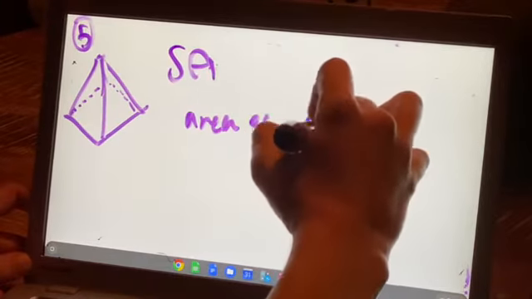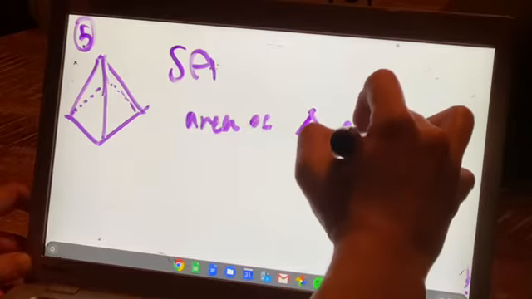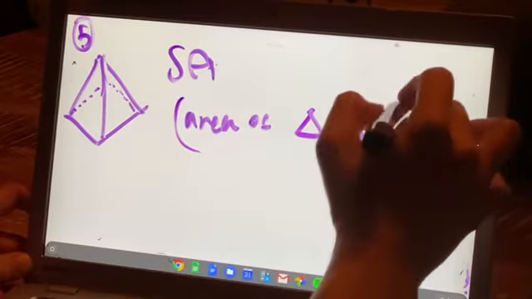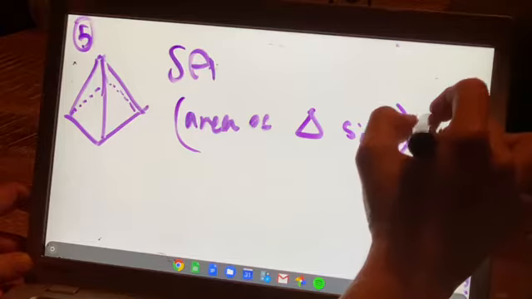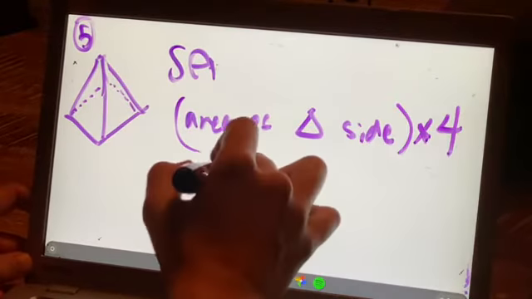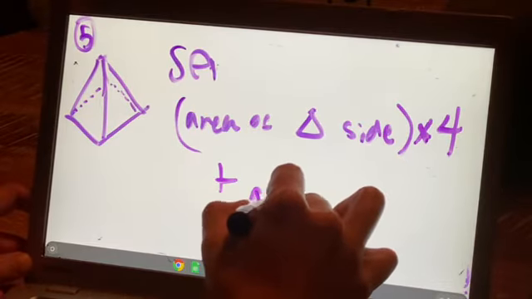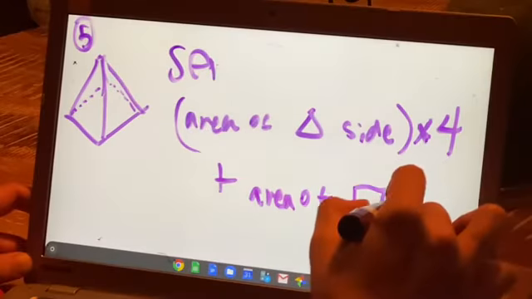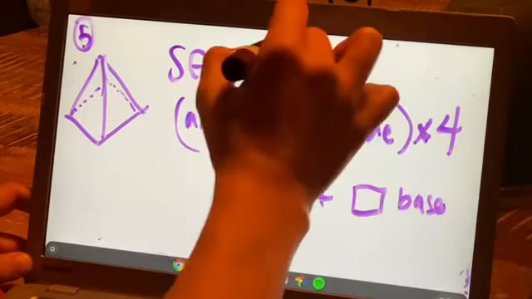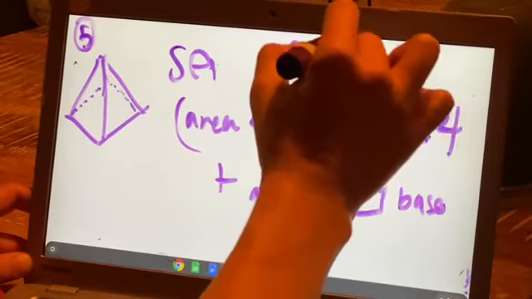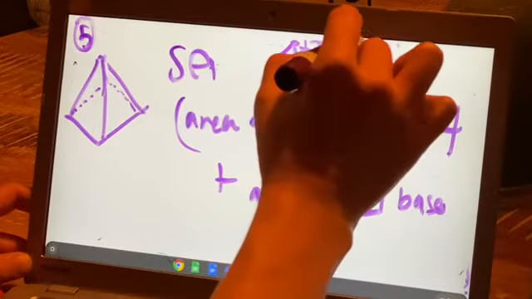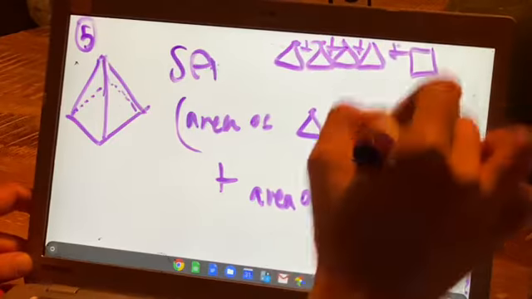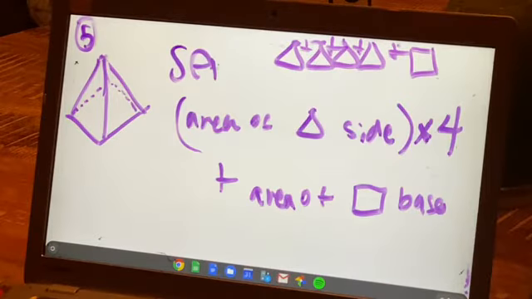So of the triangle side, how many of those are there? 4. So we're going to say times 4, plus the area of the square base. So it's going to be 4 triangles in fact, plus a square. Let me know if this doesn't make sense to any of us, okay?